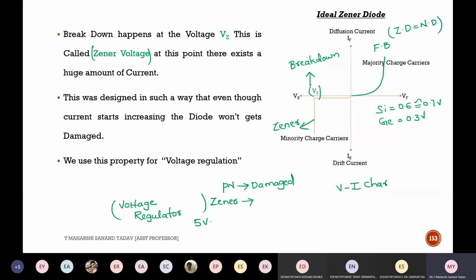Suppose you want 5 volt, it will maintain a constant 5 volt at the output. So even if you increase the input voltage, the current starts increasing, but the output voltage is maintained constant. This is nothing but voltage regulation, the important property because of which we go for the Zener diode.